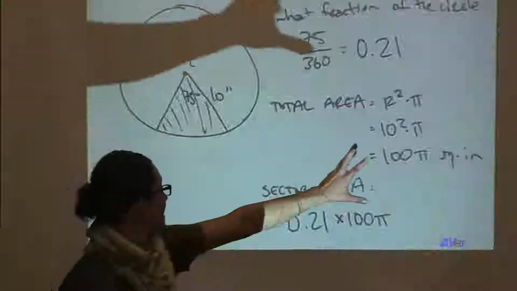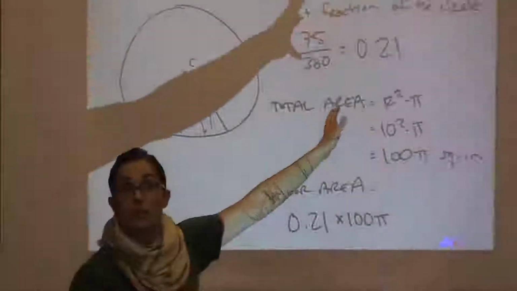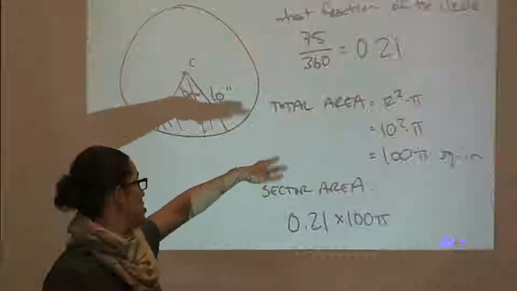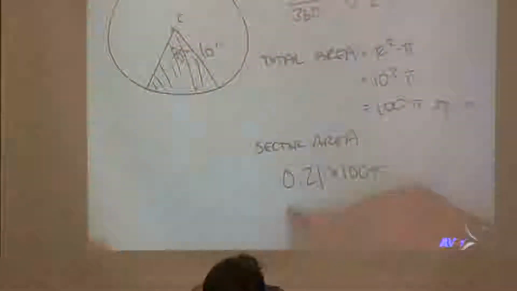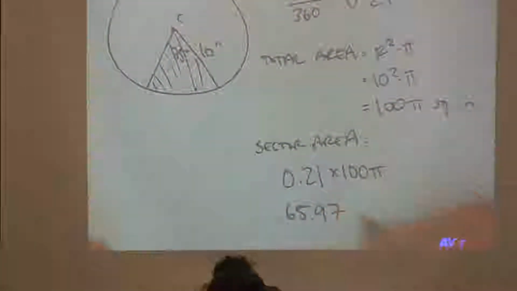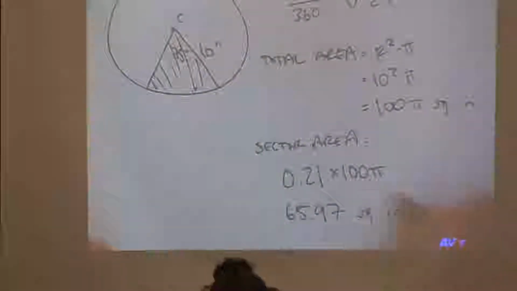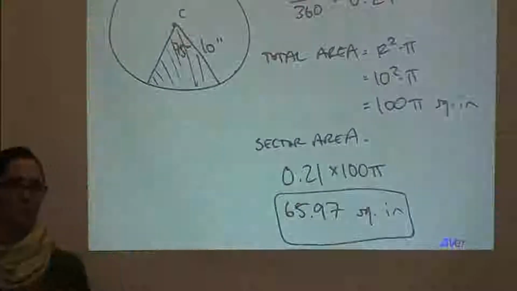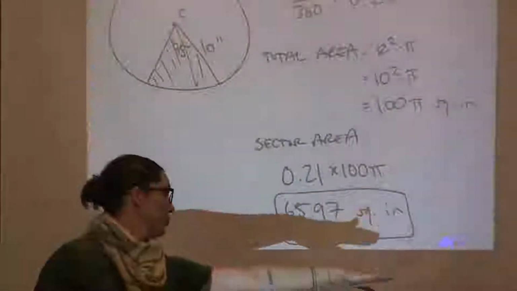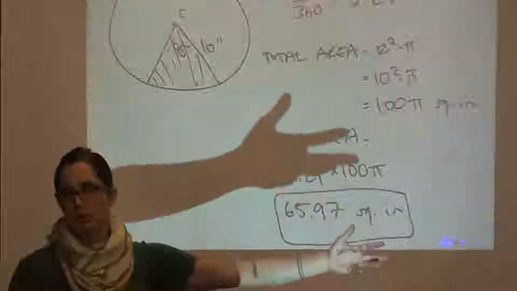This is essentially my multiplier, like we talked about before. So I need just 20% of 100 pi, and when I multiply that out, I get 65.97 square inches. Now that's a rounded answer, so you might have something slightly different than that. But please make sure you include your units. We're talking about area, it's a square measurement, square inches, great.